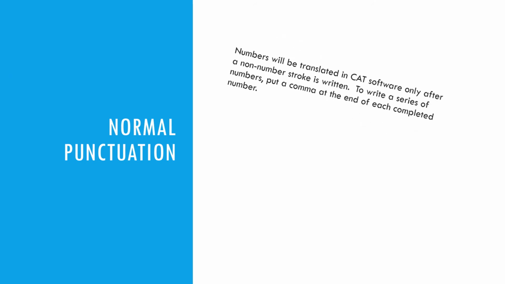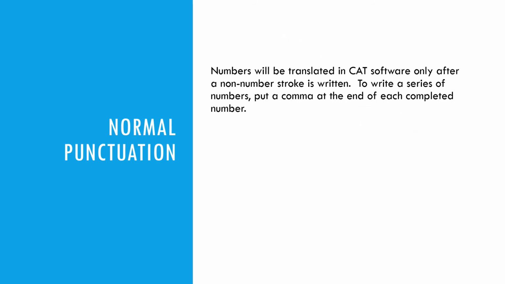Normal punctuation. Numbers will be translated in CAT software only after a non-number stroke is written. In other words, if you write a number and you do not write anything else, that number will not come out on the screen.